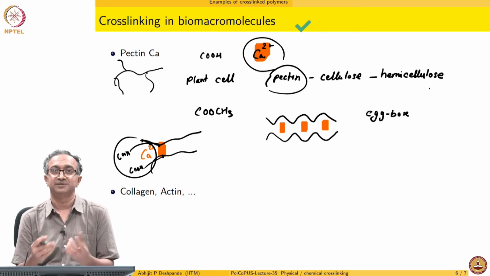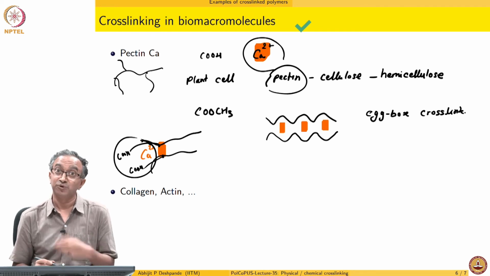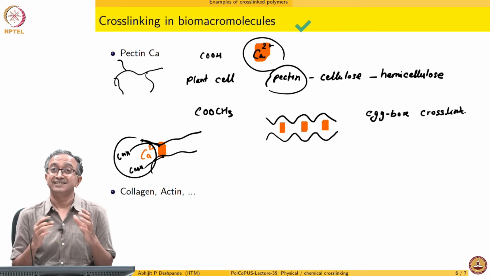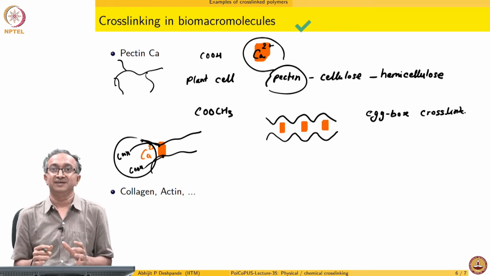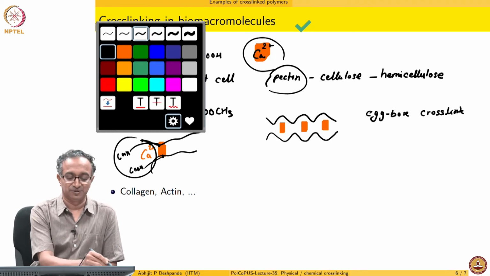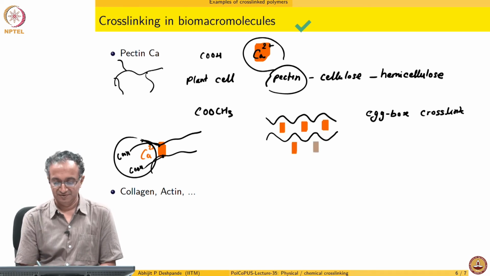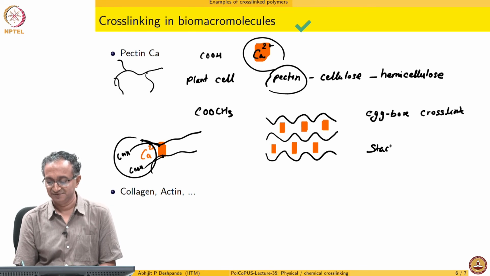It is as if calcium is sitting in the slots formed by the pectin box. And moreover, the fascinating aspect of macromolecular assembly is that we can have stacking of such egg boxes on top of each other. So we can have a stack of egg boxes.